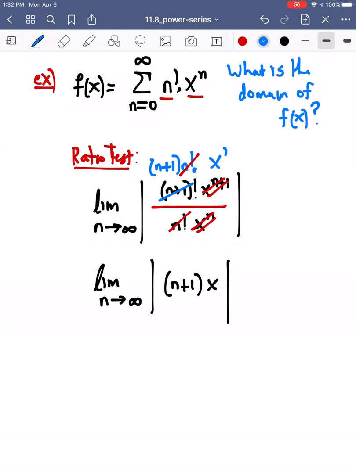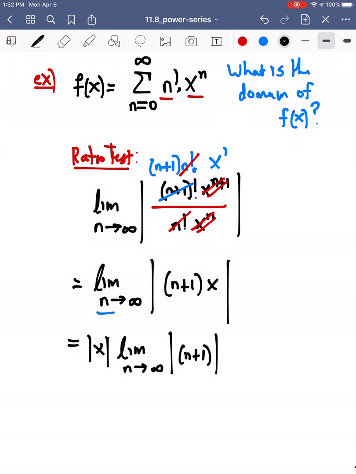And again, this limit is with respect to n, and that x term has no n dependence, so we could pull that out of the limit. So we pull it out in absolute values. And then we just have the limit as n goes to infinity of the absolute value of n plus 1.